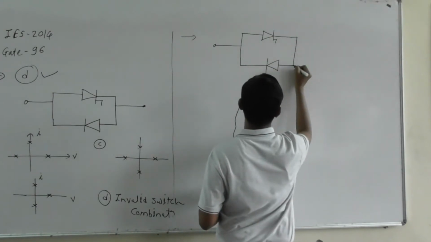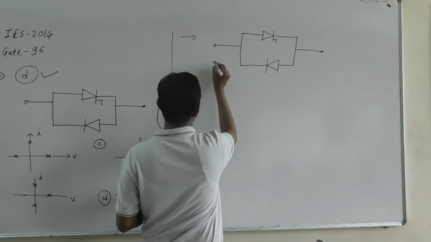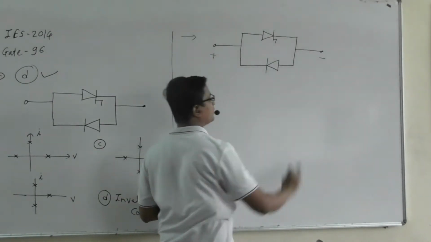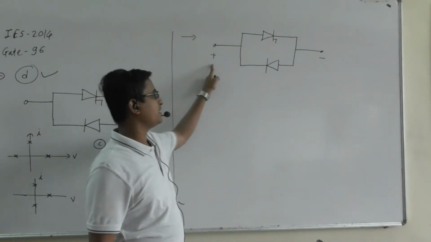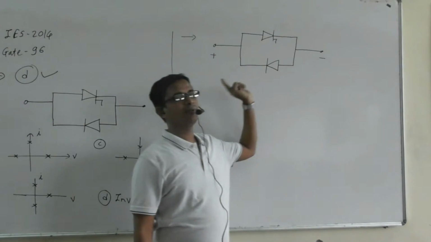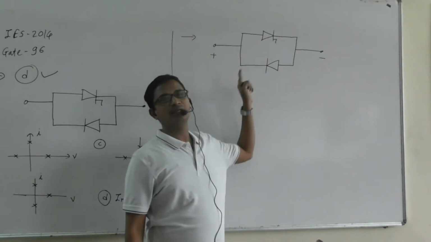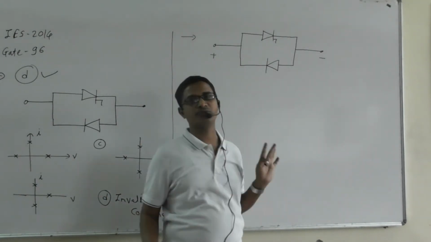Here, this plus and this minus indicate the polarity of the voltage. If the voltage is higher here and lower here, then the voltage across the switch combination is positive, and if it is reversed, then it is negative.